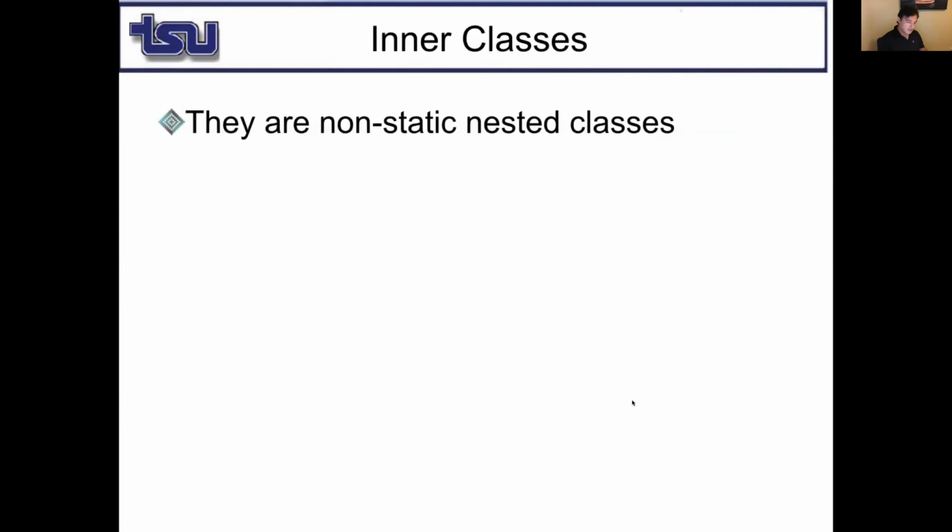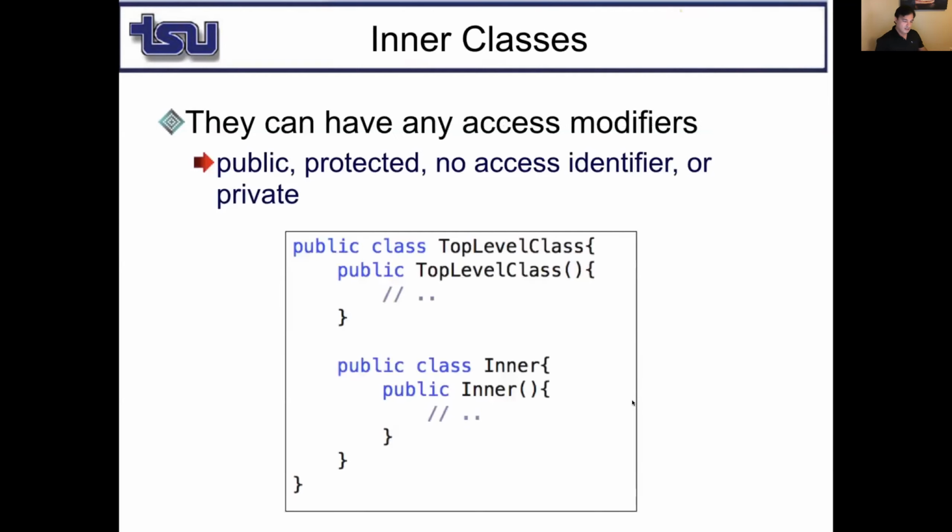So now let's talk about inner classes. From this point on, it's crucial. They are non-static nested classes. Inner classes are nested classes, but they're non-static, okay? Here, this is my top level class. This is the constructor of the top level class.